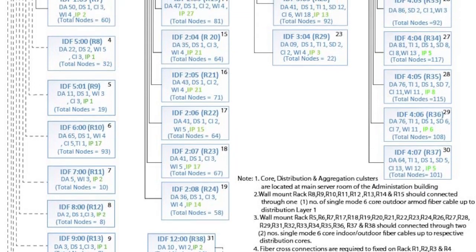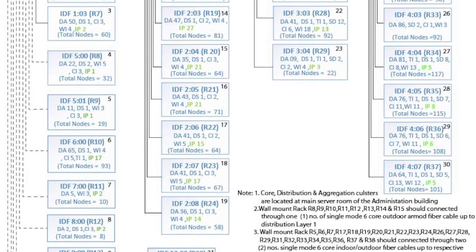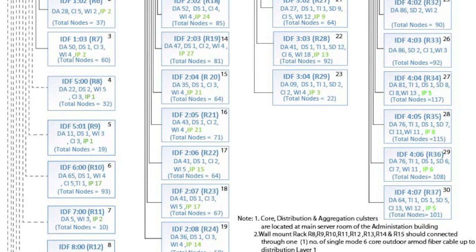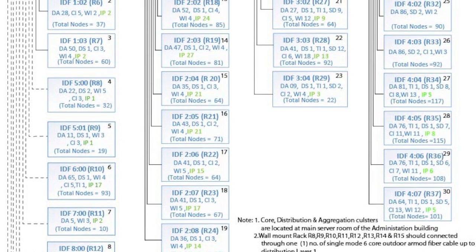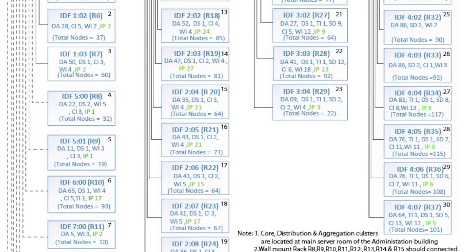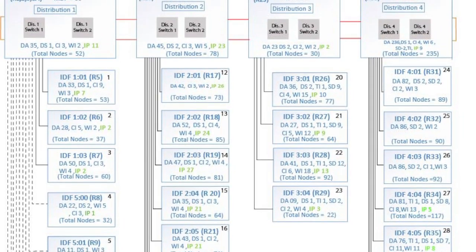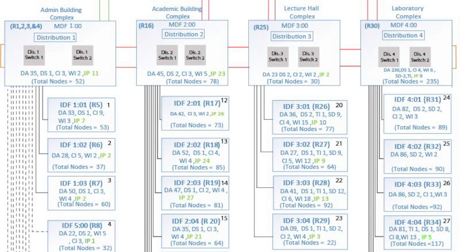So each of the columns that we have are individual separate buildings. So once we have them, these switches are connected up to the next level.